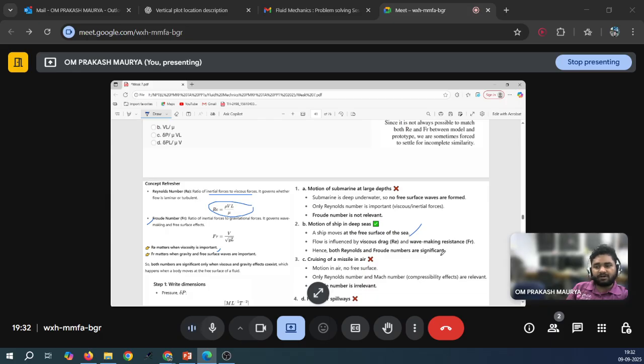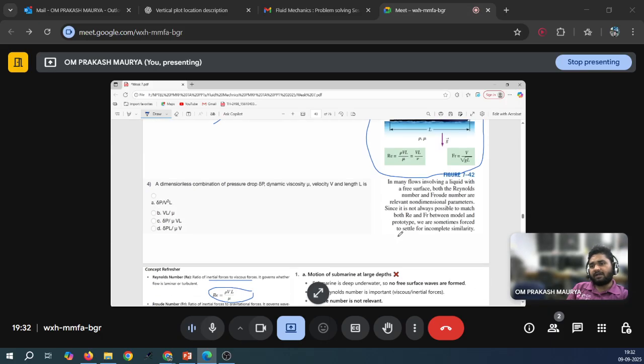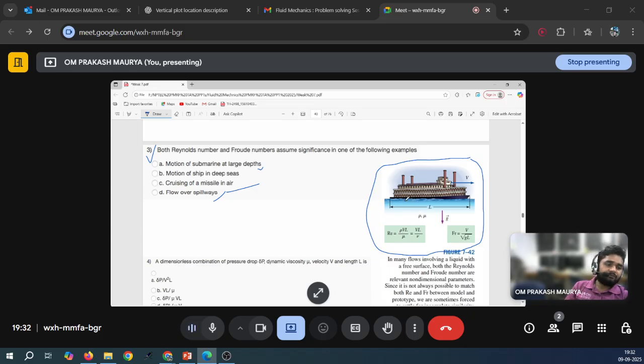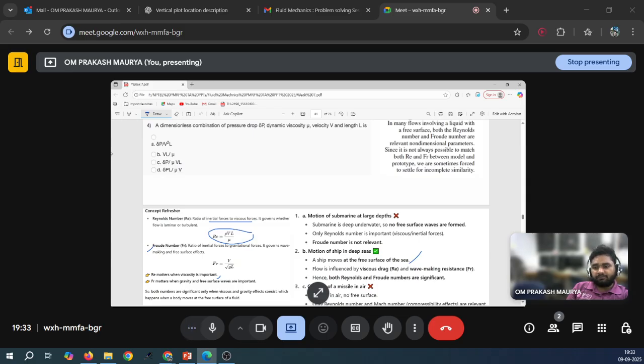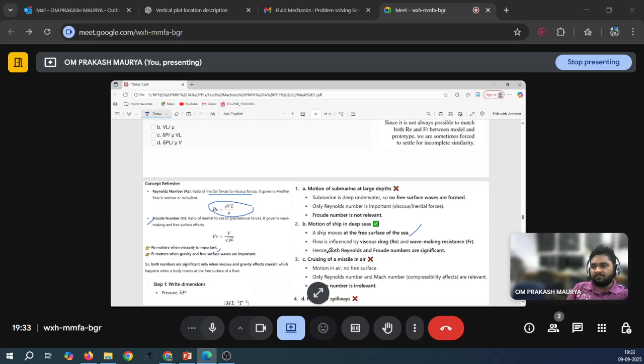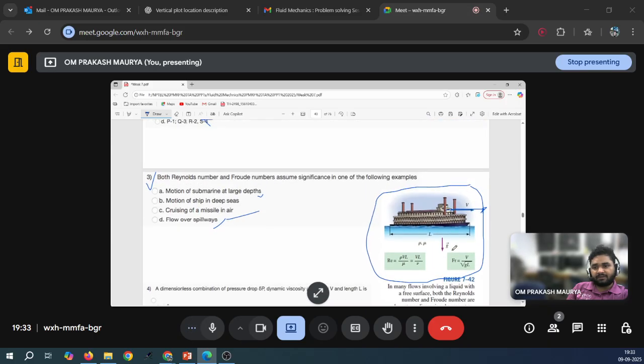Hence both Reynolds number and the Froude number are significant. Your fluid has some viscosity. Once your ship is moving in the forward direction, the viscosity of the fluid will affect the ship's motion, and also the wave will create resistance. So the free surface effect is also here, so you can think of that.